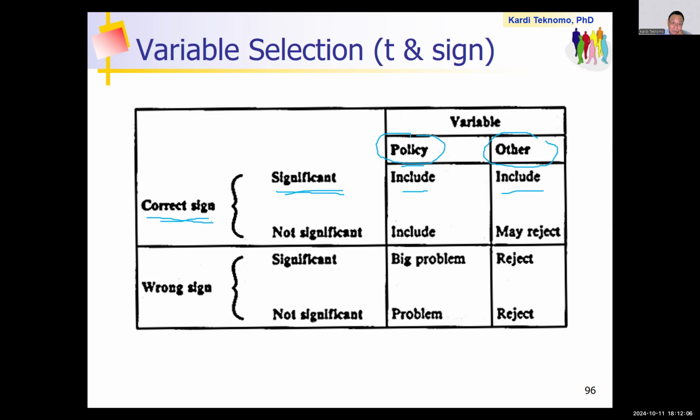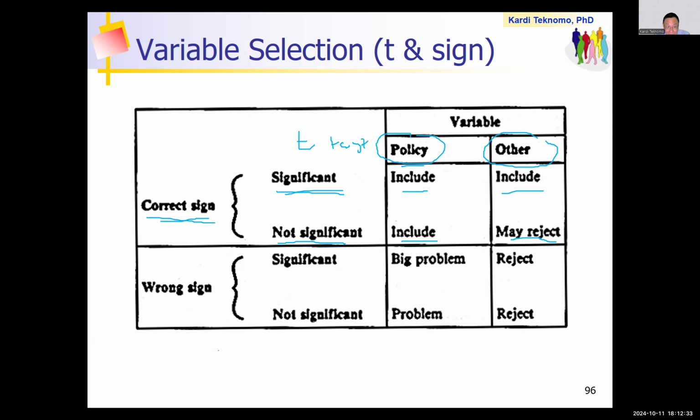If the sign is correct but it is not significant, you can still include a policy variable even if not significant, but you may reject it if it is not a policy variable. This significance depends on the t-test for each variable. Is that clear?